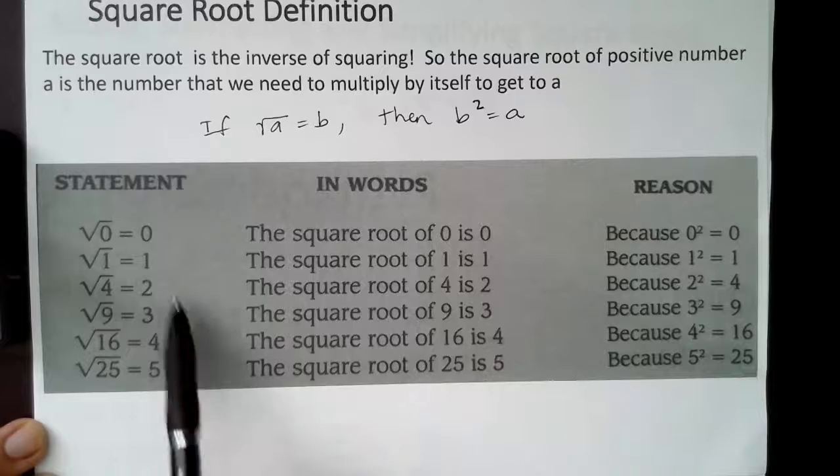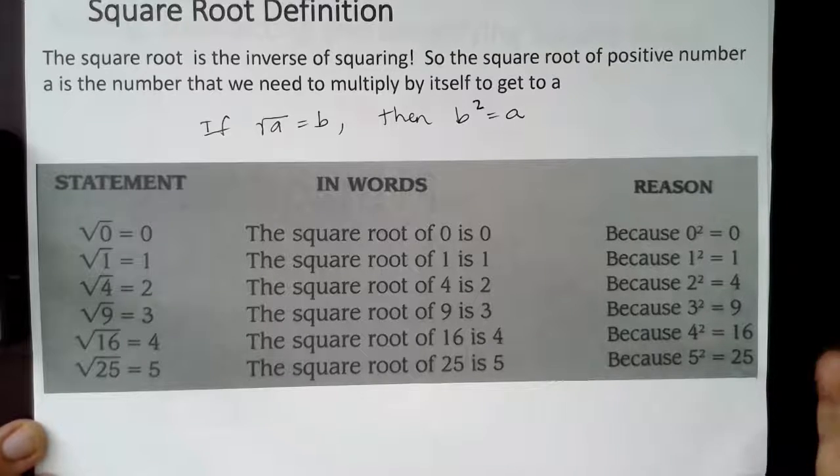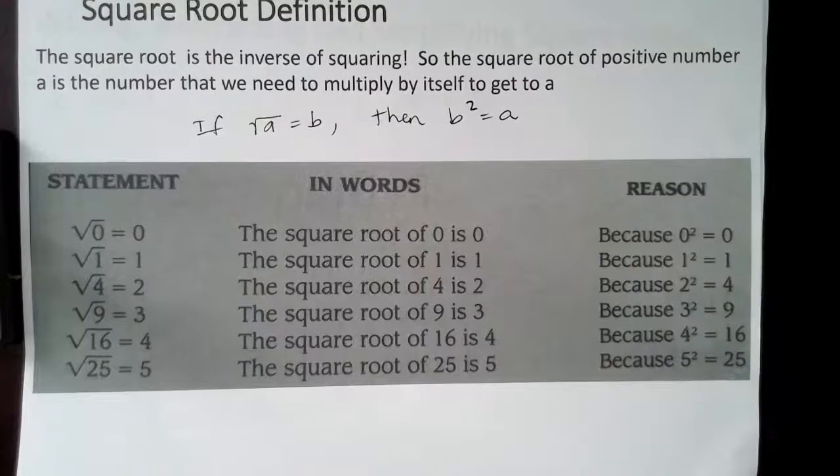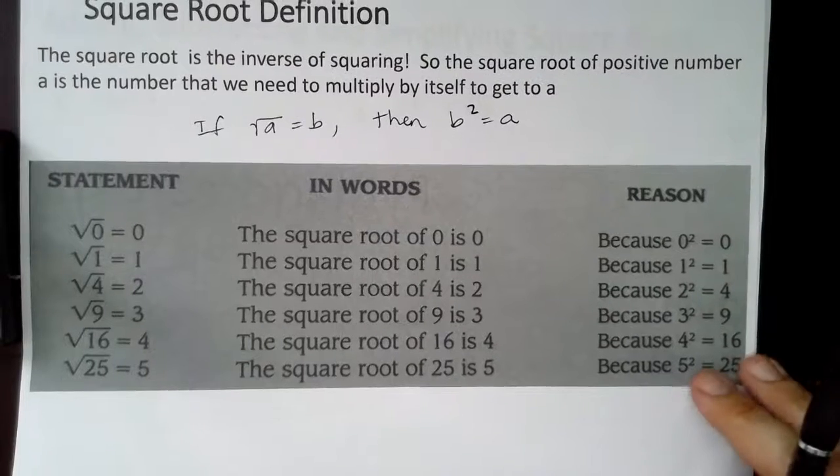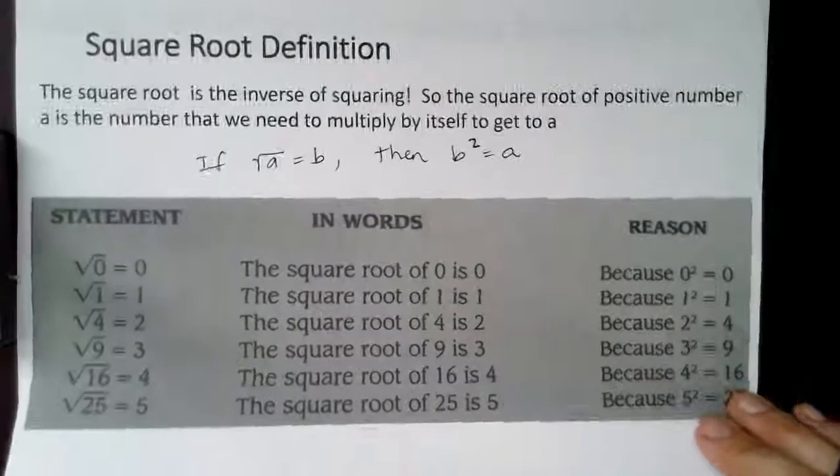You can think of them as inverses, in the sense of how multiplication and division are inverses, and addition and subtraction are inverse operations. One action undoes the other. So that's what square roots are.